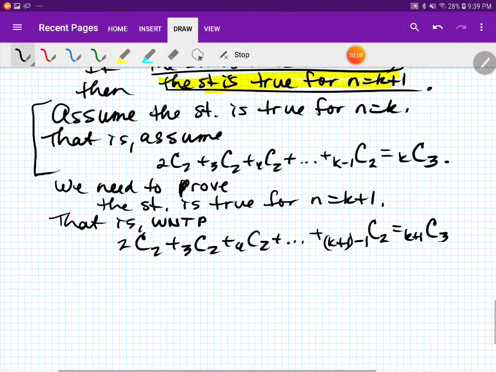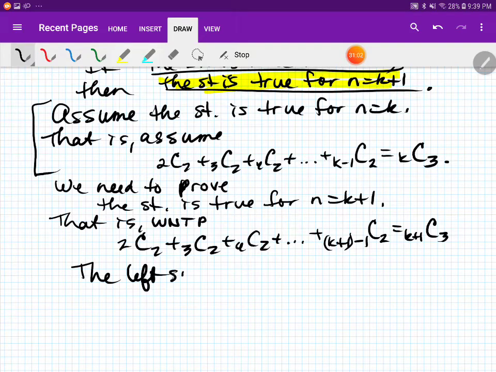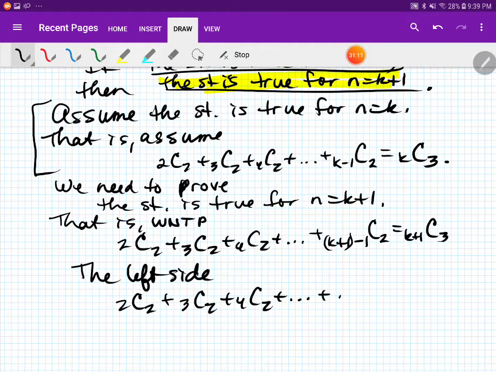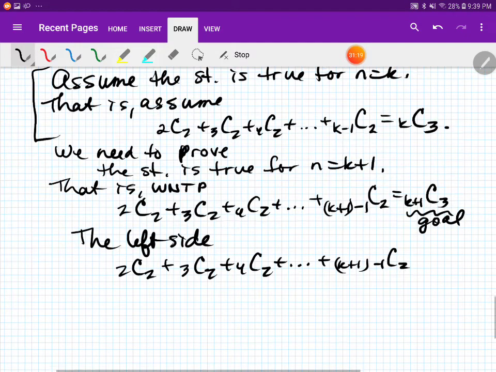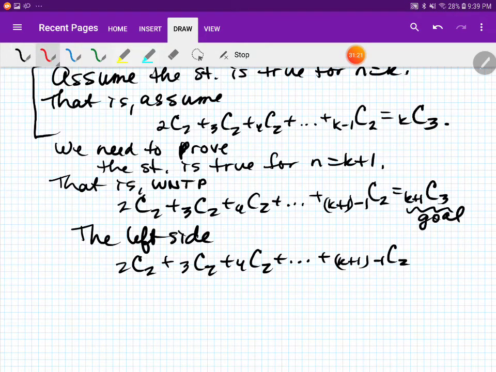Okay, so let's start on the left side. Now when you do the left side, make sure you don't change the left side. So 2c2, 3c2, 4c2 plus dot dot dot plus k plus 1 minus 1 C2. And this is going to be the goal later. Okay, so somebody's missing right here in the dot dot dot.